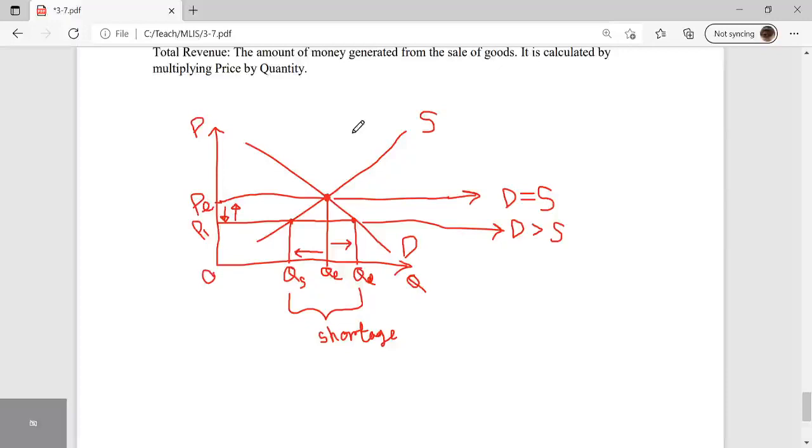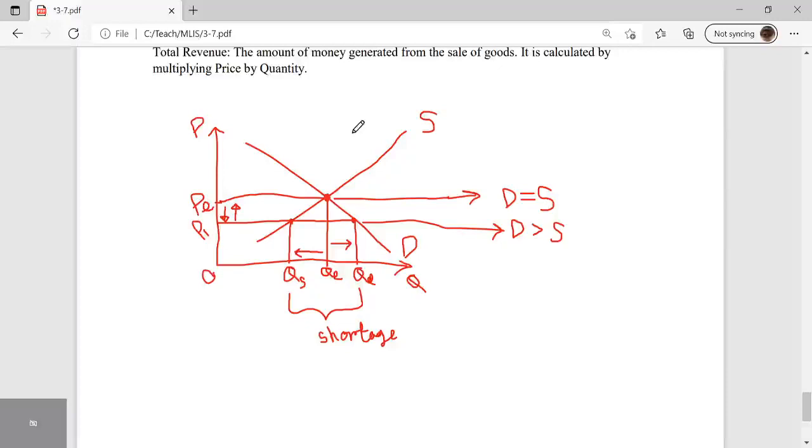The customers will be willing to buy more, but the suppliers will be willing to sell less. So this will create a shortage, and because of this shortage, the customers will be willing to pay more, and the price will start to rise again. And it will be restored to the equilibrium price.